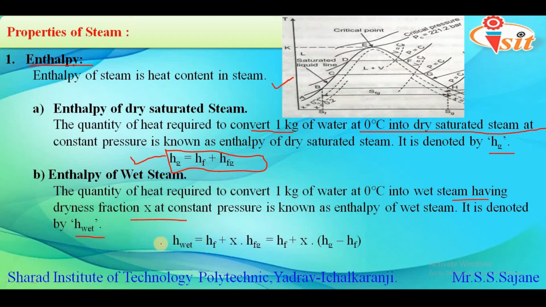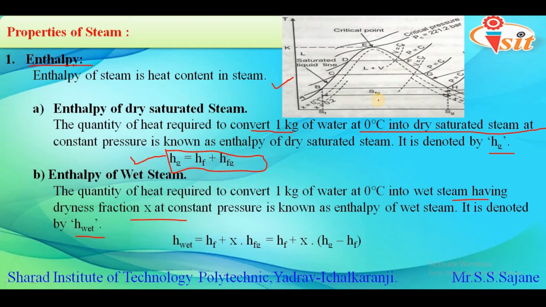If we look into the given TS diagram, we can observe that under the bell-shaped curve we have the wet region. In this wet region, you can see that we have several values for x, that is x equal to 0.1, x equal to 0.2. So the values of x range from 0 to 1.